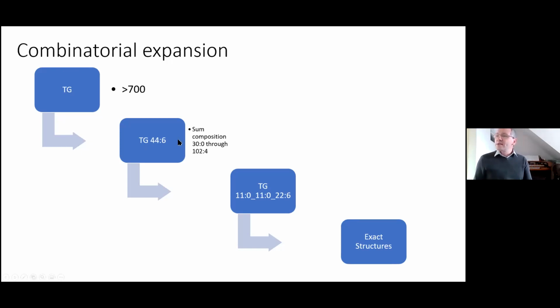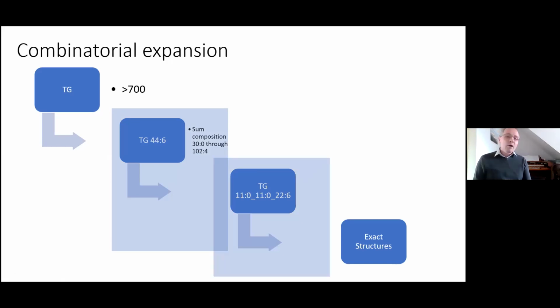The smallest we have in this database is 30 carbons between the 3 chains, no double bonds, and it goes up to 102 carbons and actually larger than that. Then, having got that sum composition, you could split that and say, well, those acyl chains might be 22:1 and 22:5, or 22:0 and 22:6, with 6 double bonds.